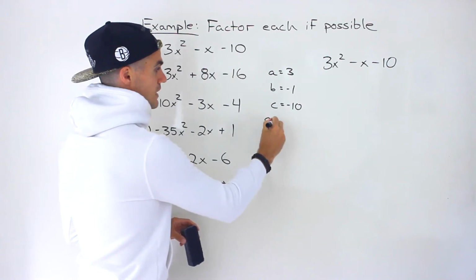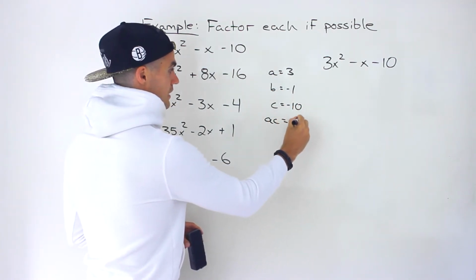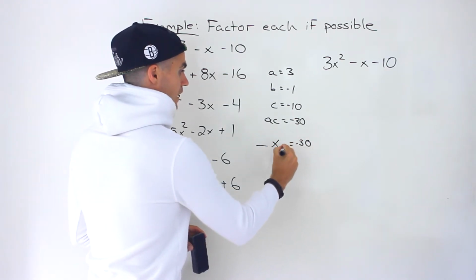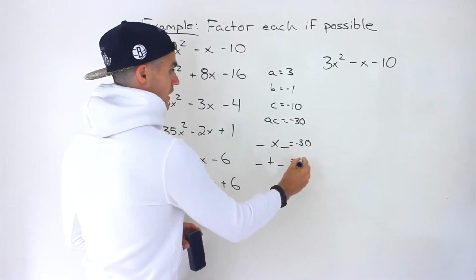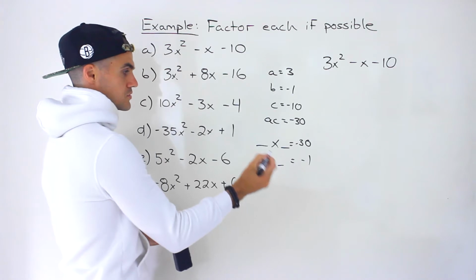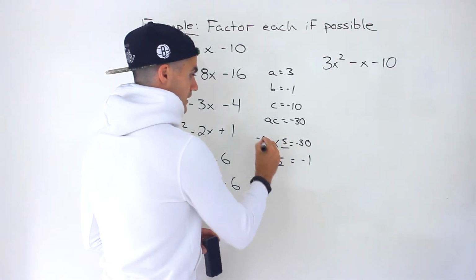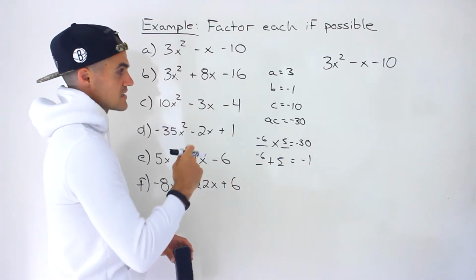Then what we do is we multiply the a and the c, so 3 times -10 gives us -30. And then we have to find two values that multiply to -30 and add up to that b value of -1. And what would those two numbers be? It will be -6 and +5. Right? -6 times +5 gives us -30, and then -6 plus 5 gives us -1.